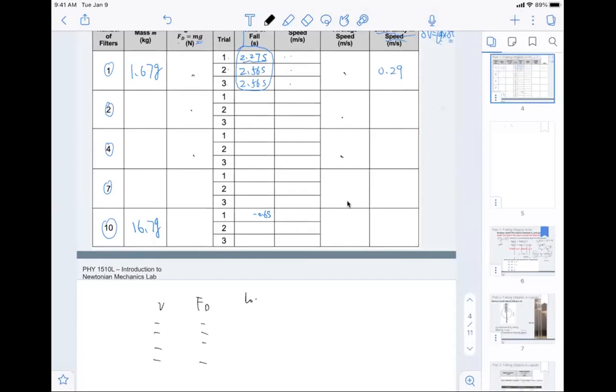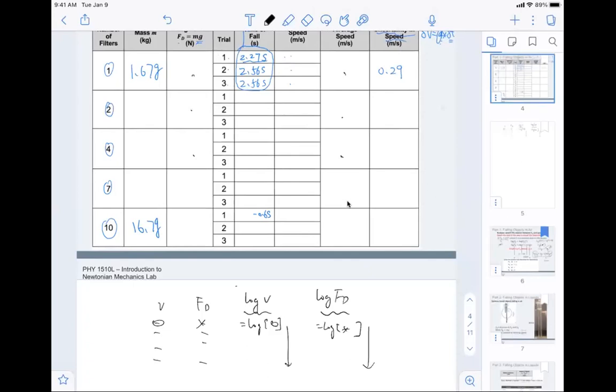And then you do another new column, log V and log F_D, because you're plotting the log of these variables, not plotting them directly. So here you can just use a function, which is equal to the log of this cell, and you do a log of whatever is here, and you can just drag it down and it'll fill it up for you.